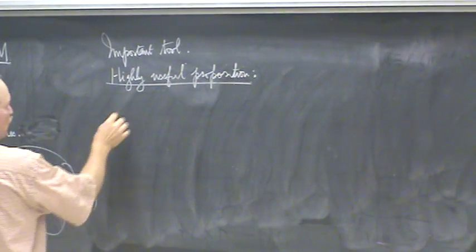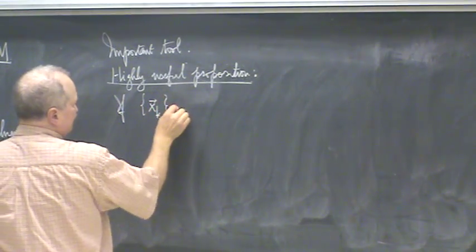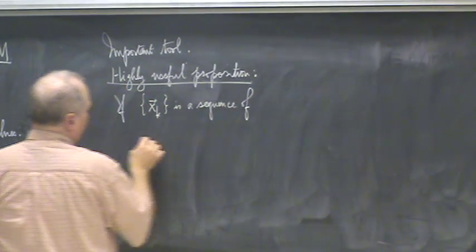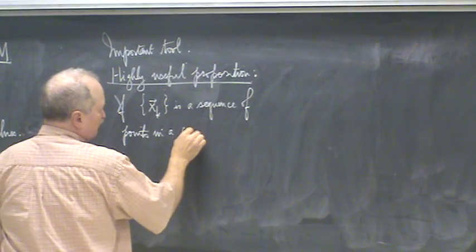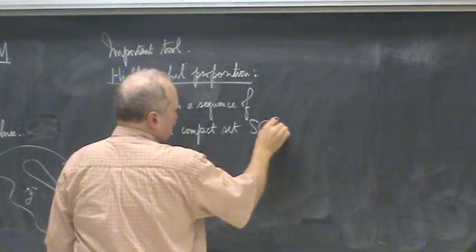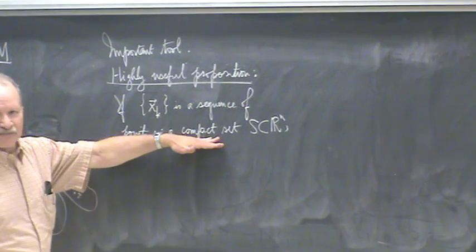states that if you have a sequence of points in a compact set, you might ask whether that sequence has to converge just because the set is compact.